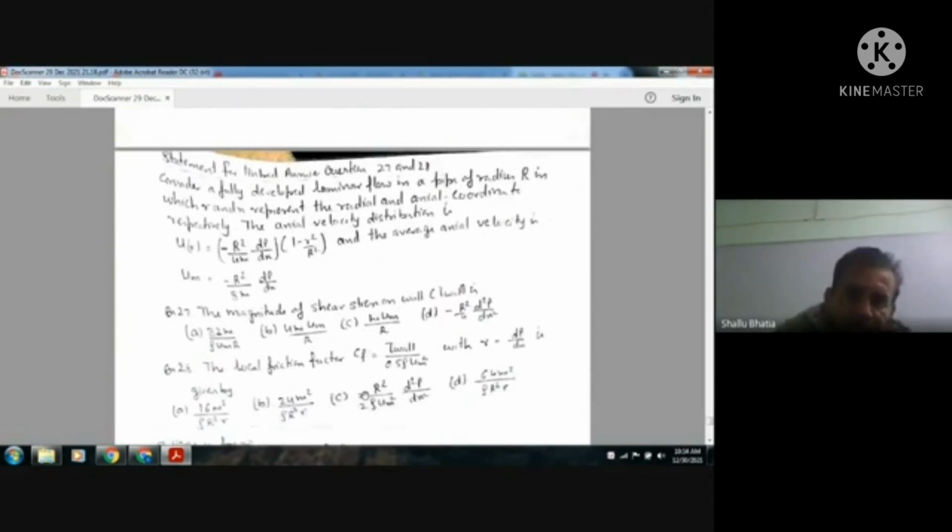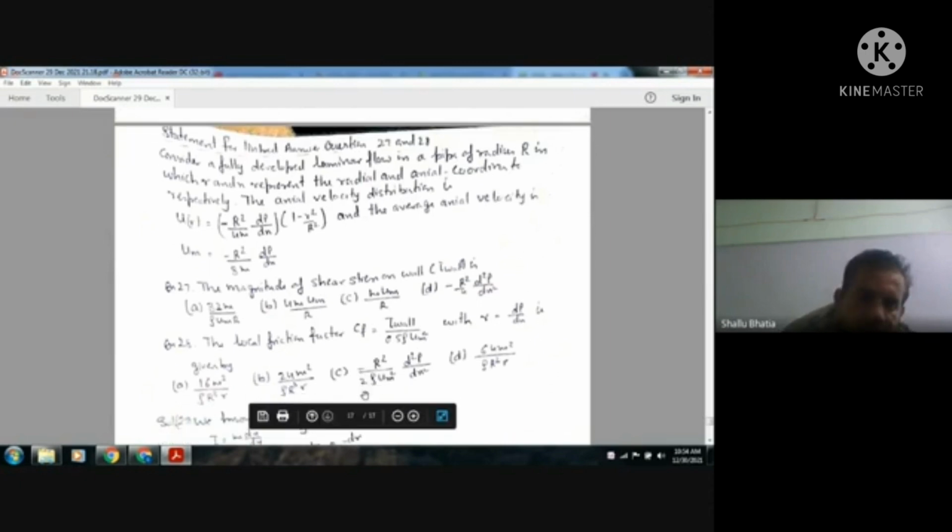Consider a fully developed laminar flow in a pipe of radius R, in which r and x represent the radial and axial coordinate respectively. The axial velocity distribution is u(r) equals minus R square divided by 4 mu dp by dx, bracket 1 minus r square by capital R square, and the average axial velocity is u m equals minus R square by 8 mu dp by dx.